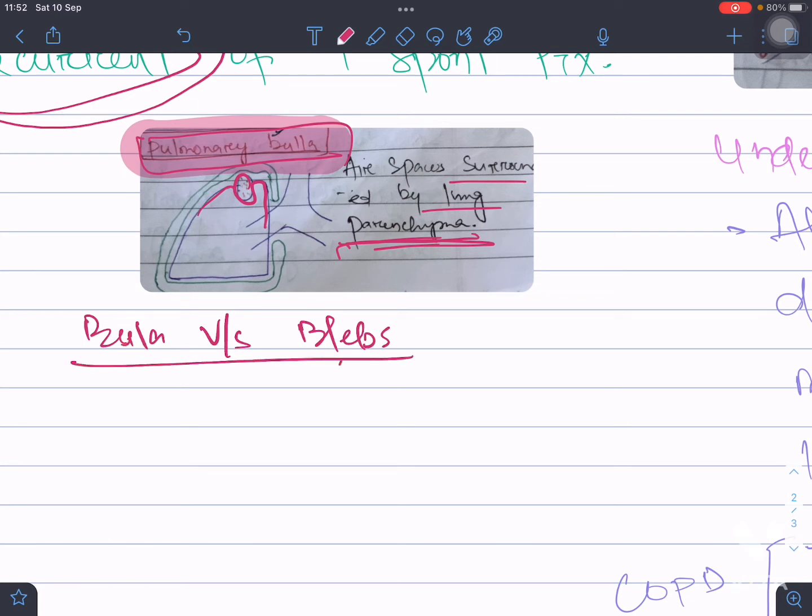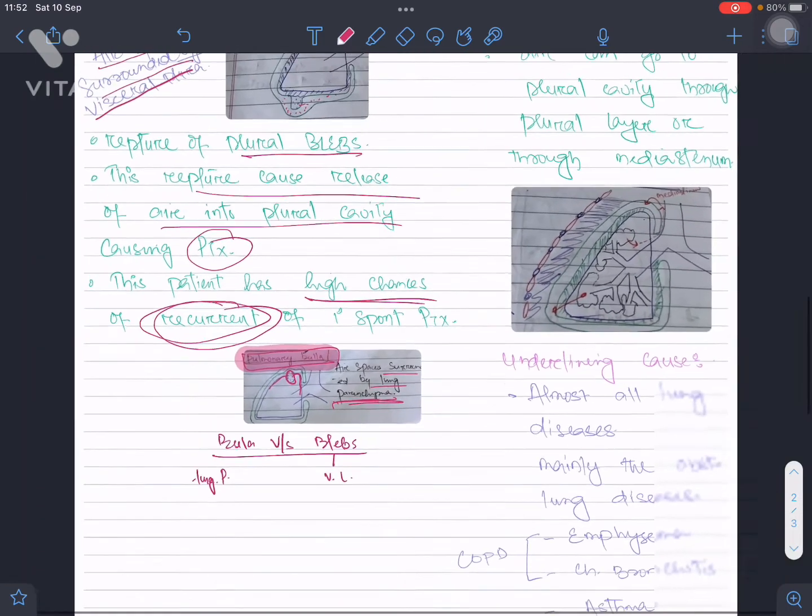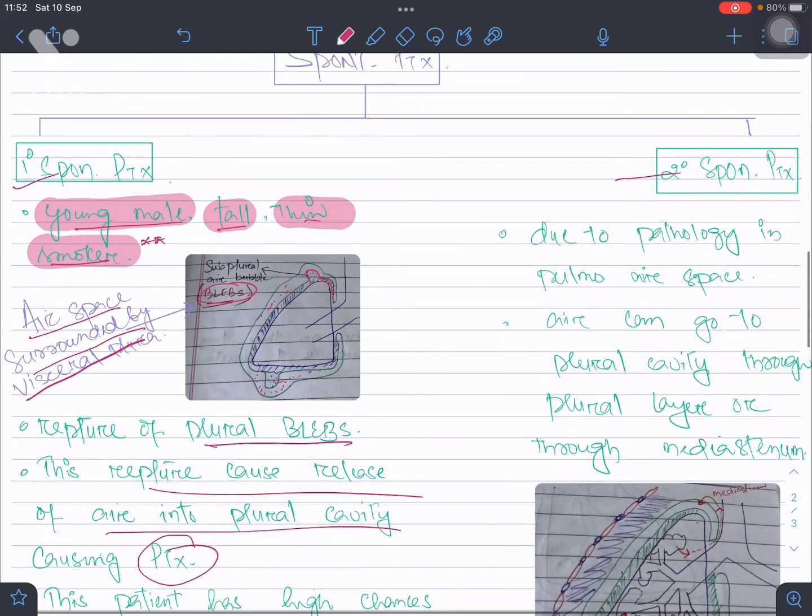Okay, here in the bulla there will be the visceral layer, and here there will be the lung parenchyma, the surrounding tissue.